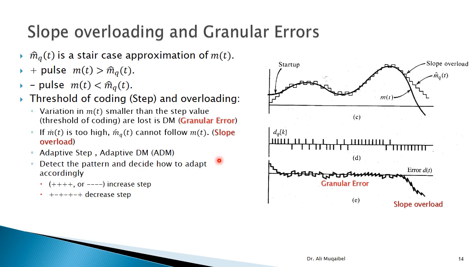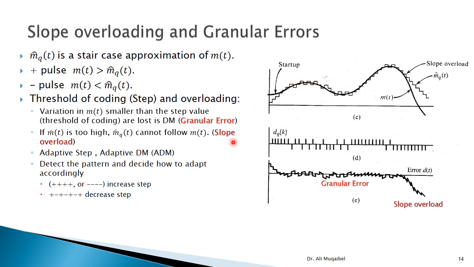One solution to this problem is to use adaptive step size, adaptive delta modulation, which means if I notice that I have a long sequence of positive or negative, it means I am going in one direction, either up or down. So why don't we increase the step size? And if I notice that I have oscillation, positive, negative, it means the signal is almost constant.